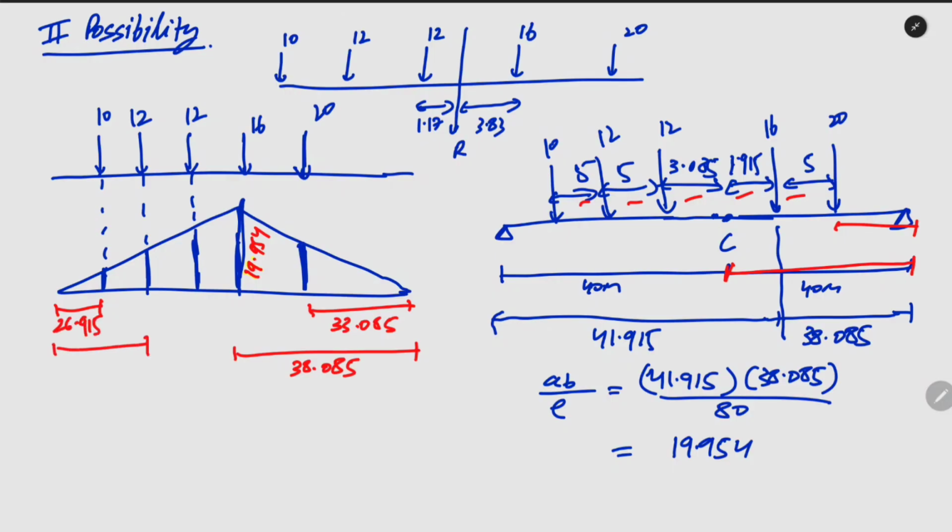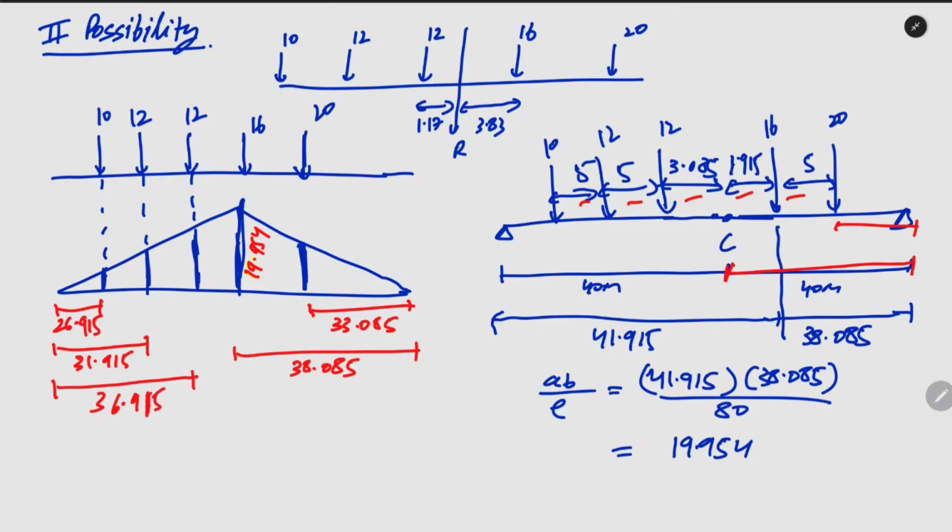Now this distance, it will be 40 minus 3.085 minus 5, so it will be 31.915, and again for this it will be 40 minus 3.085, so it will be 36.915.